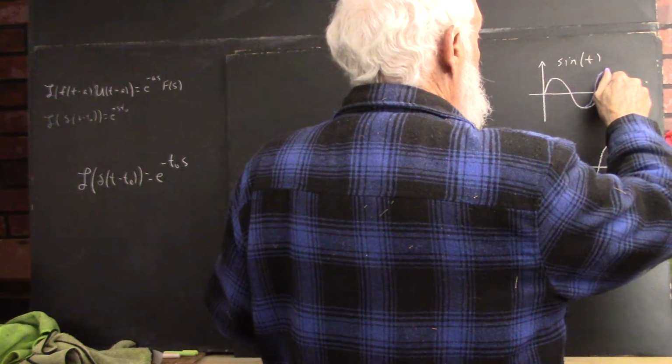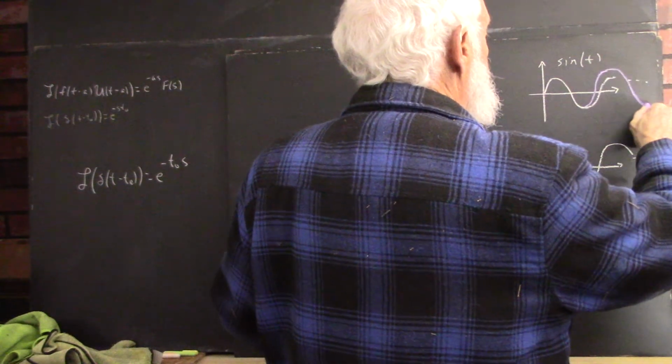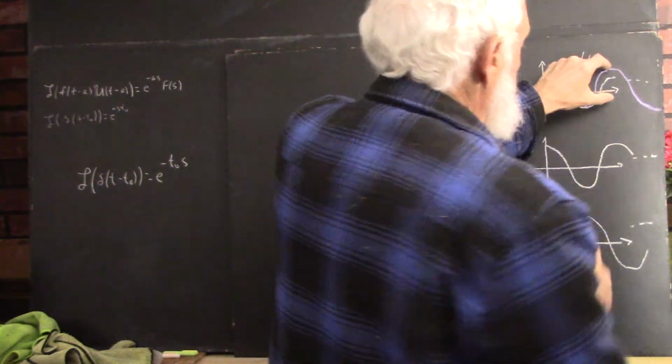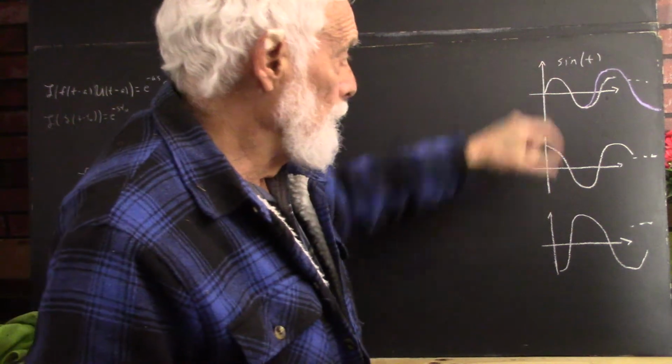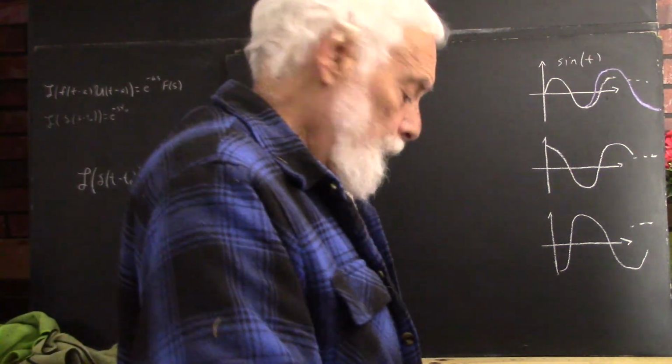And we're going to have something like this, and then we're going to have a harmonic motion with a greater amplitude than originally. It's going to enhance the motion in that way.